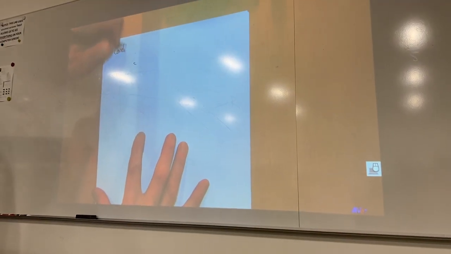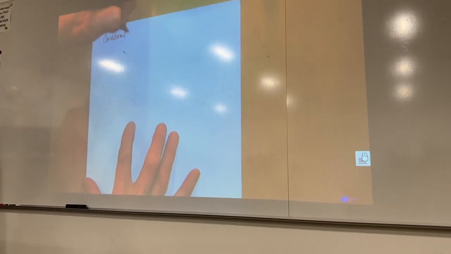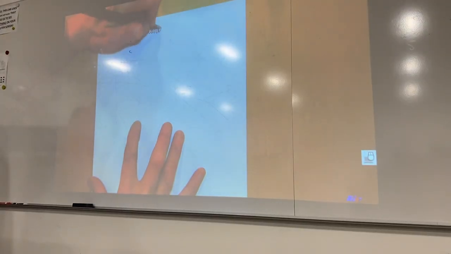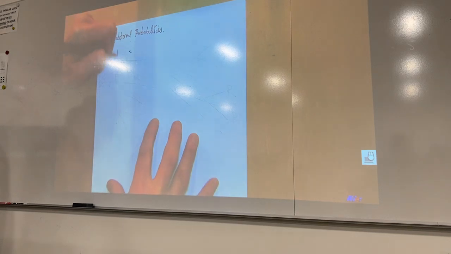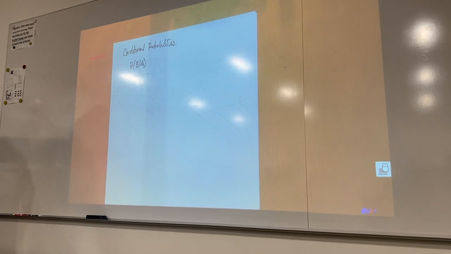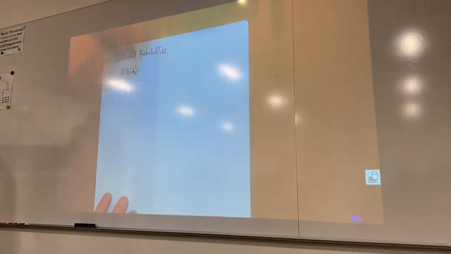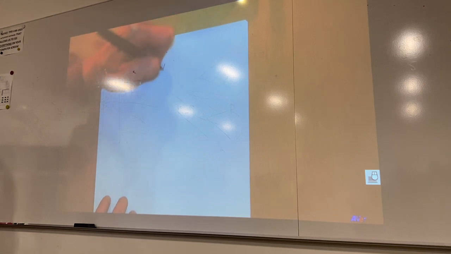Conditional probability. The probability of B given A. Given A has, or with certainty will, occur.